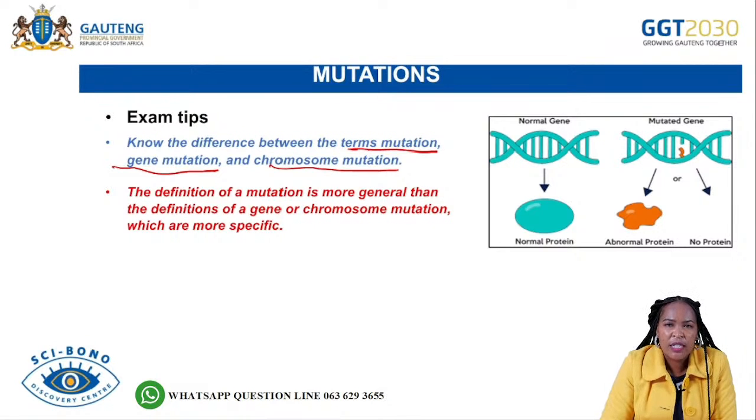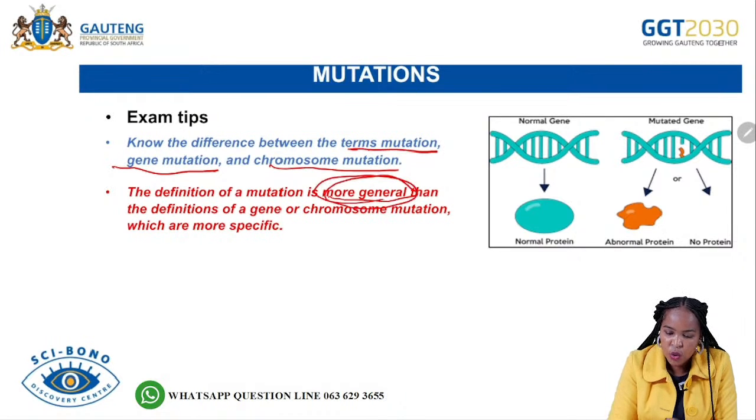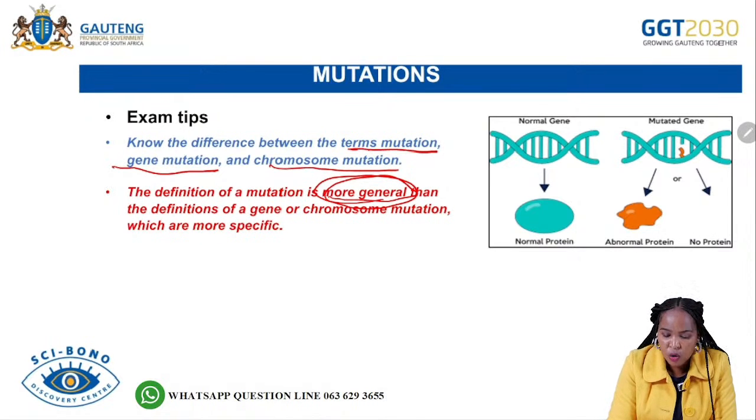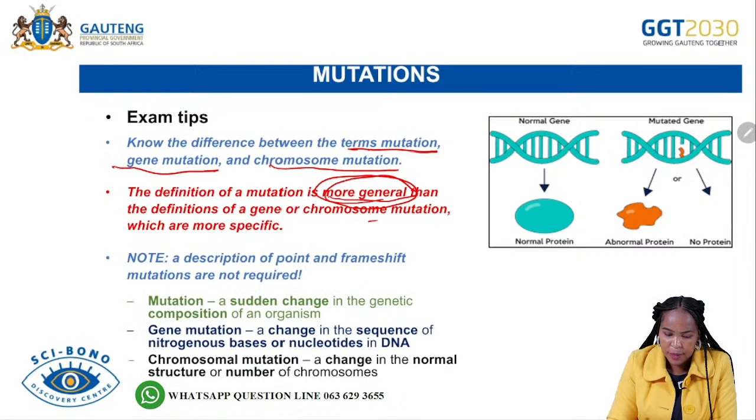You need to check the question that you are asked, whether they're asking for gene mutation, or for chromosomal mutation, or for mutation as a general term. So you're going to have to know those three definitions by now. The definition of a mutation is more general. It is more general than the definition of gene or chromosome mutation, which are more specific as to where they happen.